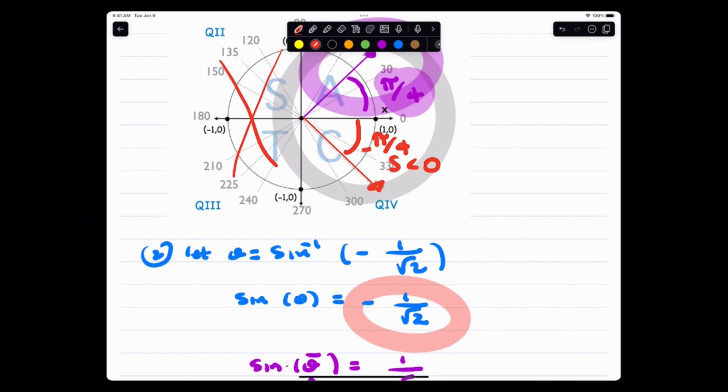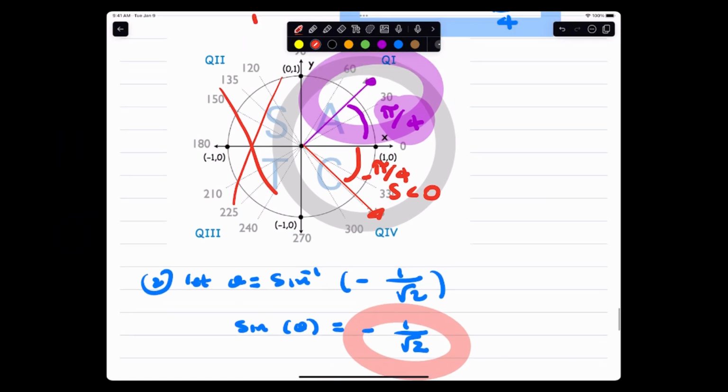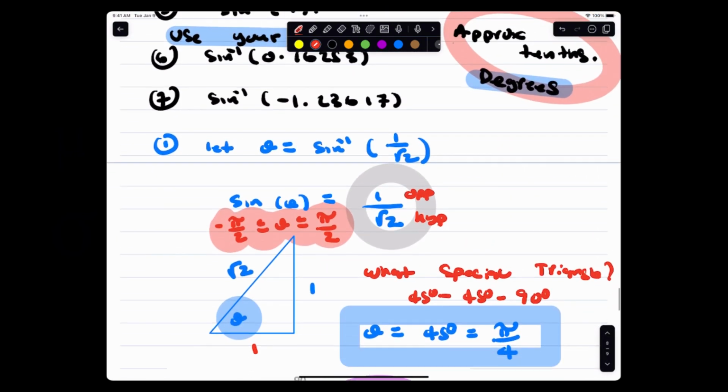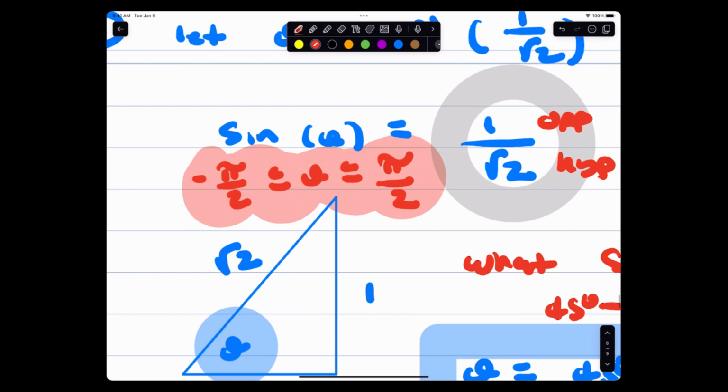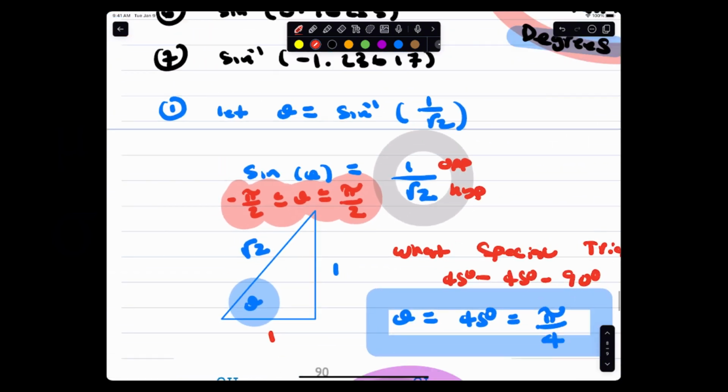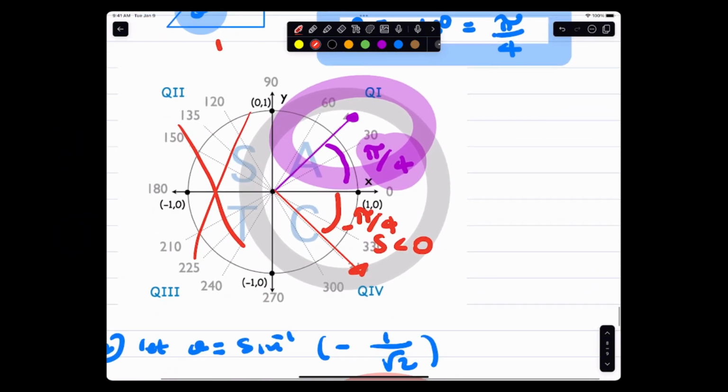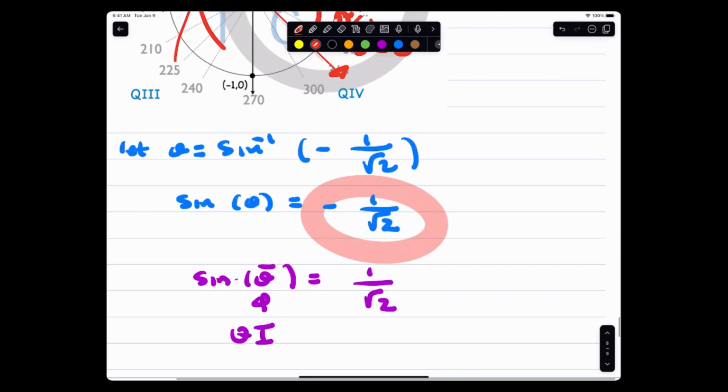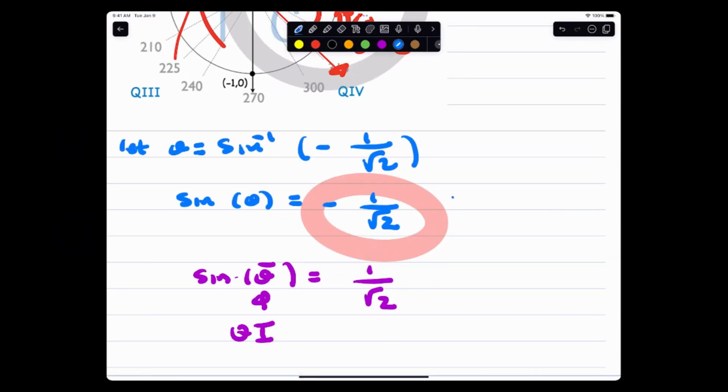Okay? Because that's where sine is negative, and this is defined for negative angles. So we're in our restricted domain again. So that's okay. So your answer here now is going to be theta is negative pi over 4. And that's the difference.